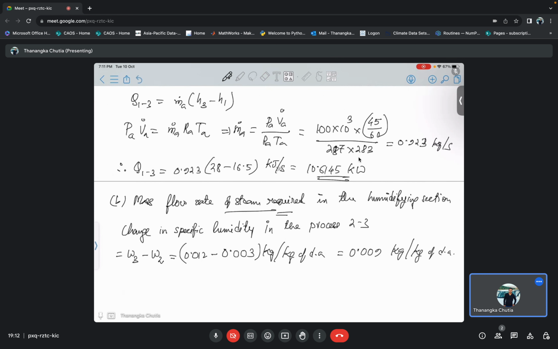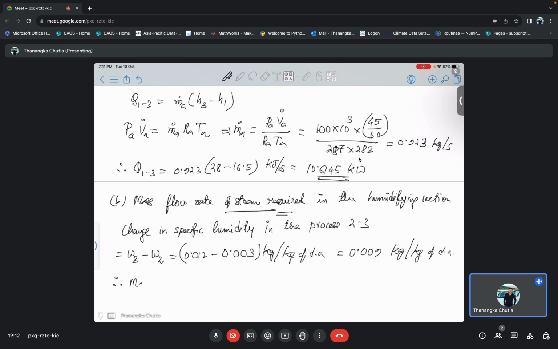Now this change in humidity is basically provided by your steam flow. So this will give us the mass flow rate of the steam. This is per kg of the dry air. Now if we multiply by the mass flow rate of the dry air, then we will get the mass flow rate of the steam.